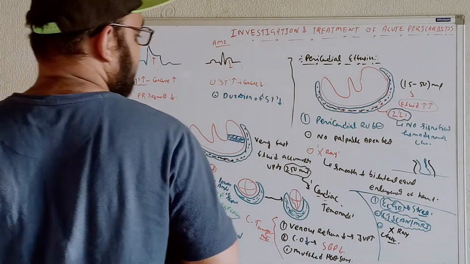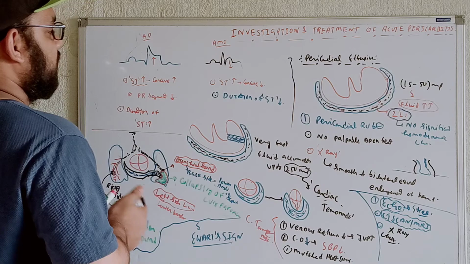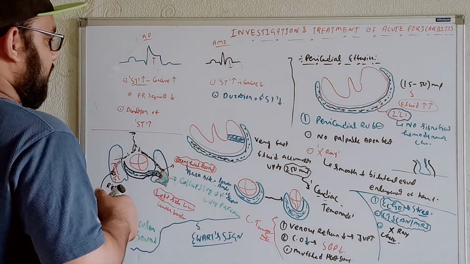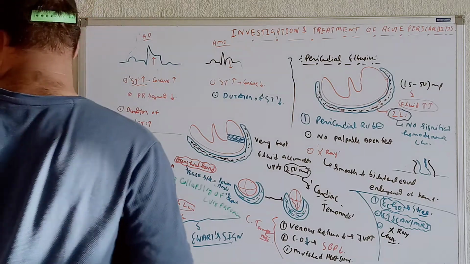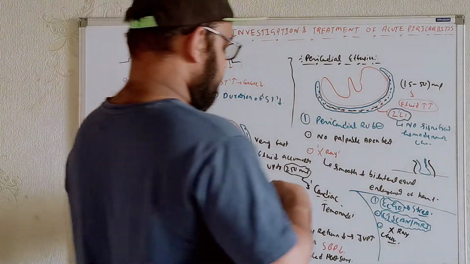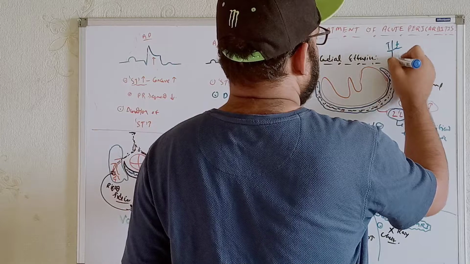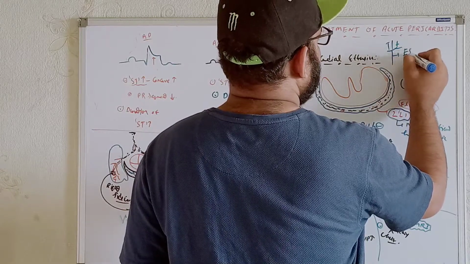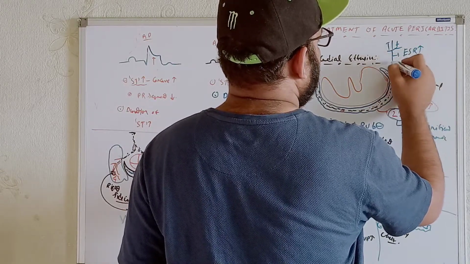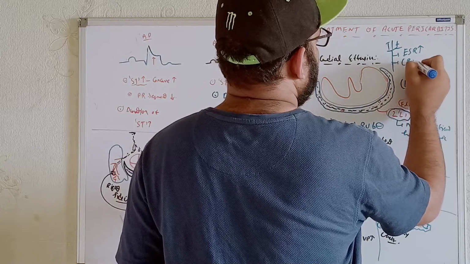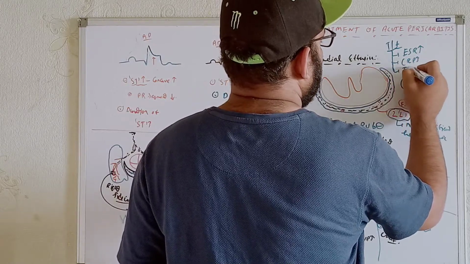And apart from these things, we can also do different kinds of tests. Whatever tests we can do, let's write them in another place over here. For example, as there is inflammation, we can do the test for ESR. In this case, the erythrocyte sedimentation rate will be increased, along with the C-reactive protein, along with the total leukocyte count.